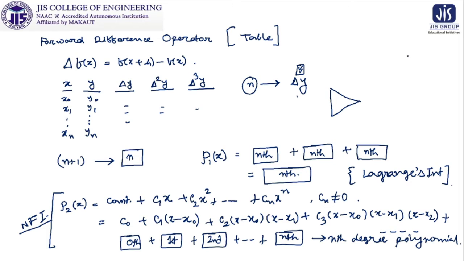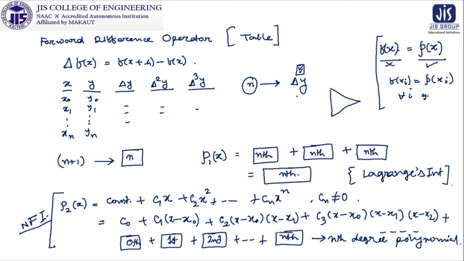But before going to the next page, I just want to share with you that if the original function is f of x, which is not known to us, and if we are predicting the interpolating polynomial as p of x, which is known to us because we have generated it, it has to be maintained in every interpolation technique that f of xi is equal to p of xi for all i given.